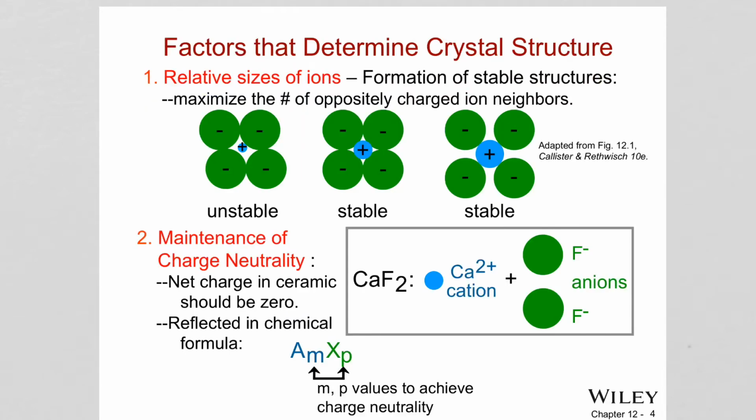Here you are seeing the factors that I told you about affecting the relative sizes of the ions, and then to maintain charge neutrality, the chemical composition indicates that. And we have seen calcium fluoride, and the net charge should be 0, as indicated here, and it is reflected in the chemical formula as I explained.